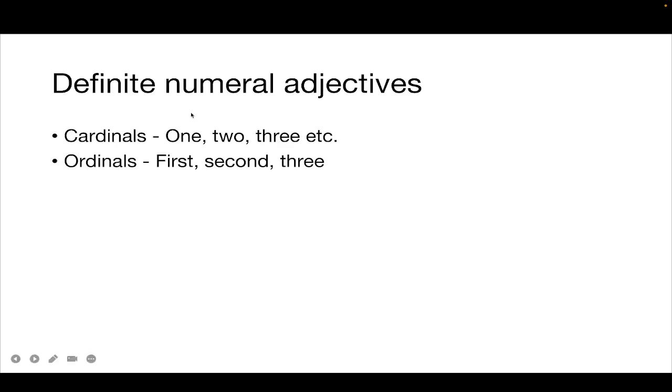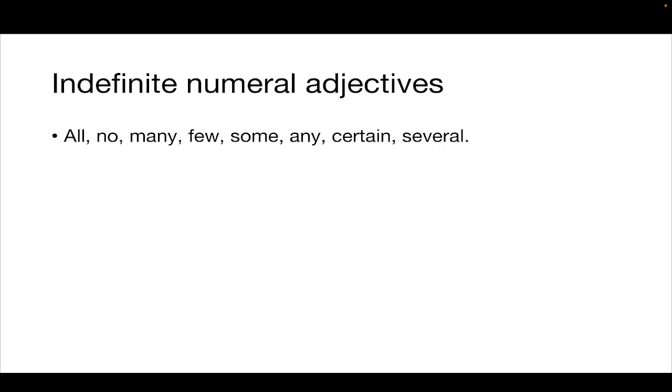Cardinals are 1, 2, 3, etc., and ordinals are first, second, third, etc. Sorry, that's a typo, so that must be third actually. Indefinite numeral adjectives are all, no, many, few, some, any, certain, several. These are all numeral adjectives.